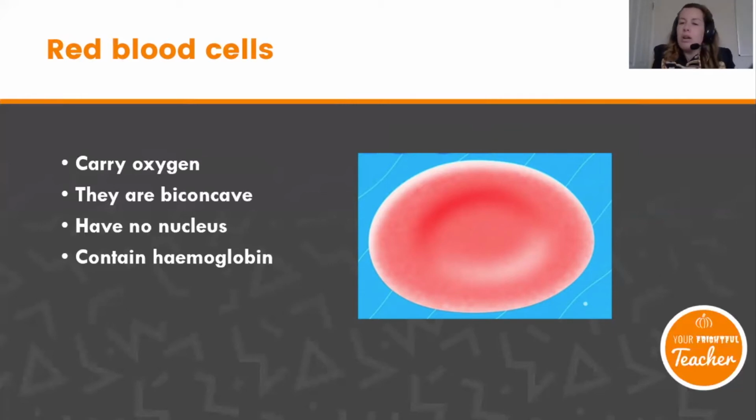That's also why some people say that if they've got iron deficient, they can feel quite tired because their blood can't carry as much oxygen. They can't get as much oxygen around their body, and oxygen is needed for respiration and energy release. So that's why. So red blood cells carry oxygen, they're biconcave, they have no nucleus, and they contain lots of hemoglobin.